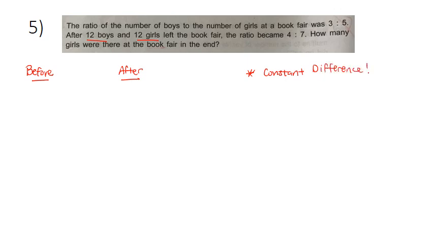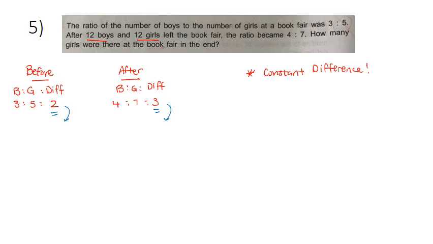Right, and our ratio of the number of boys to girls before will be 3 to 5, and the difference is 2 units, and after it will be 4 to 7, with a difference of 3 units. Now, if we were to compare the difference in both ratios, you'll realize that the numbers 2 and 3 have a common multiple of 6.